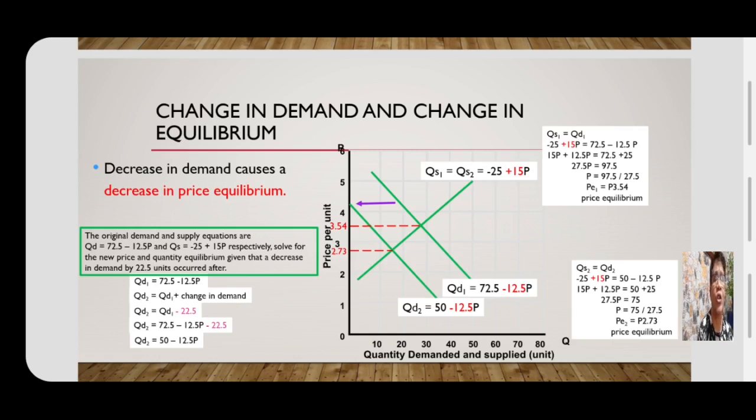And because of the shift of the demand curve to the left, there is now a change in equilibrium point, which refers to our change in equilibrium. So there is that original equilibrium point between QD1 and QS1, and a new equilibrium point between QD2 and QS2.